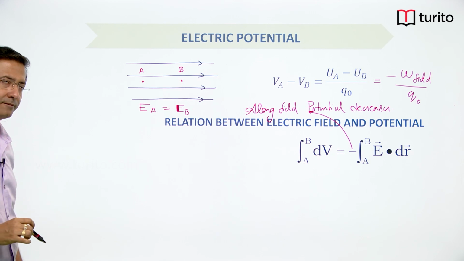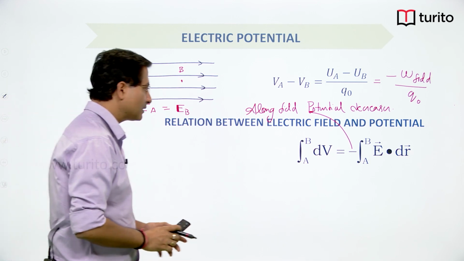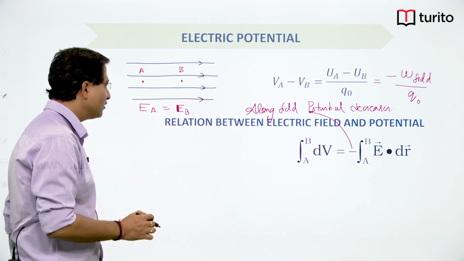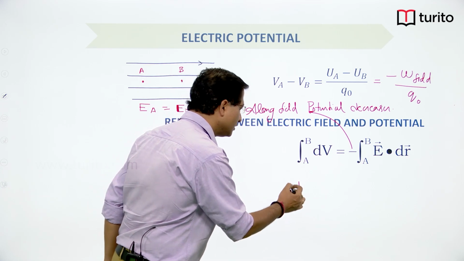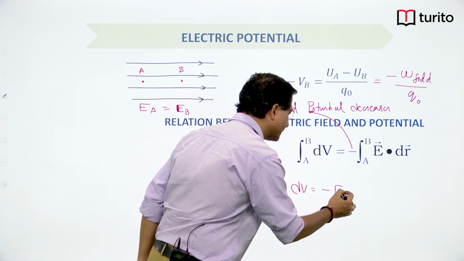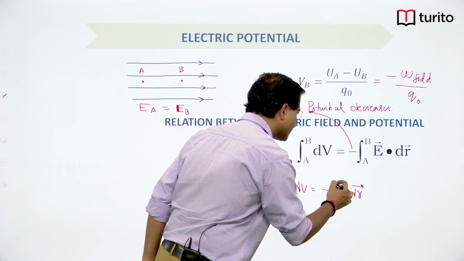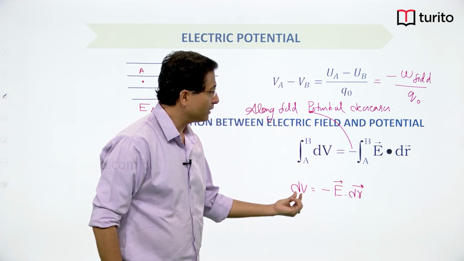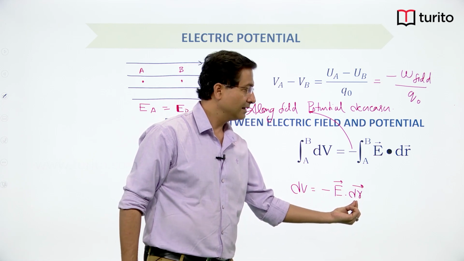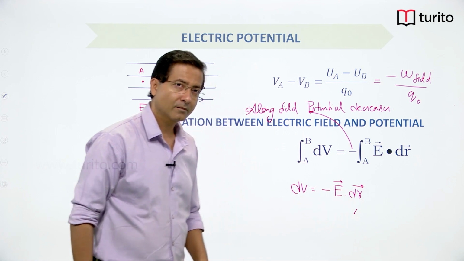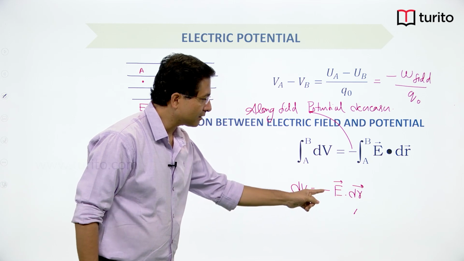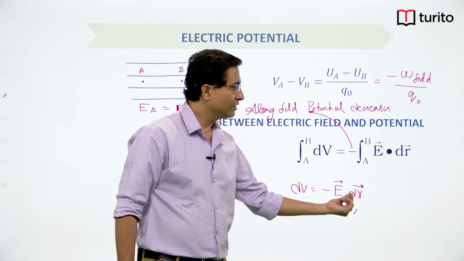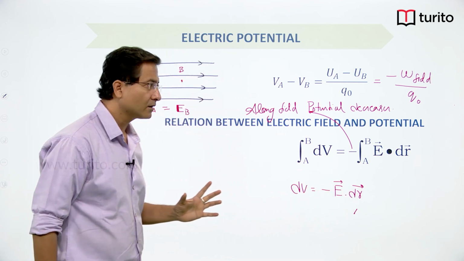What about the potential? Just now we have discussed that along the direction of field potential decreases. The meaning of this dV is equal to minus E dot dr is decrement in the potential when you go by dr distance along the field, right.